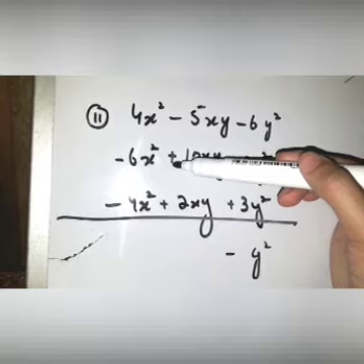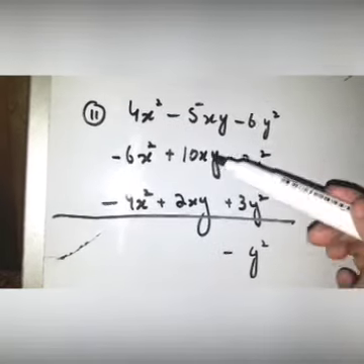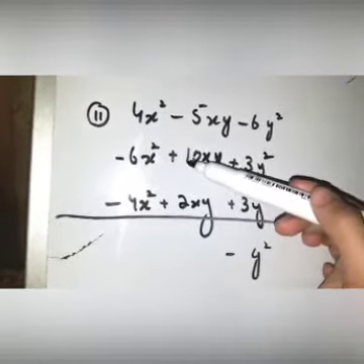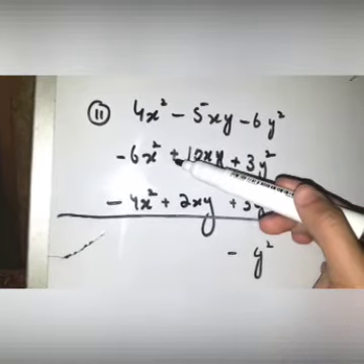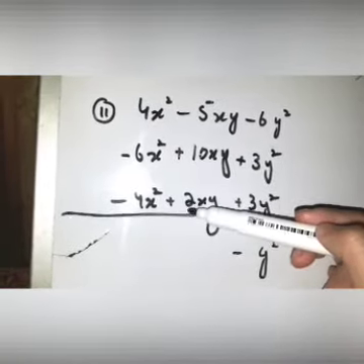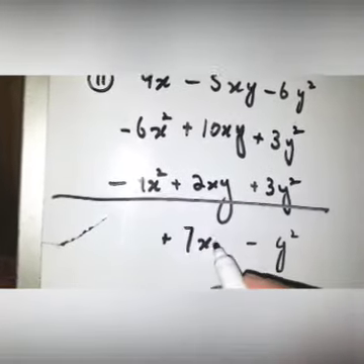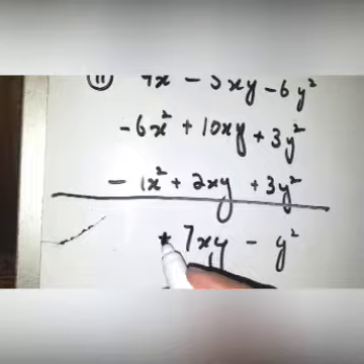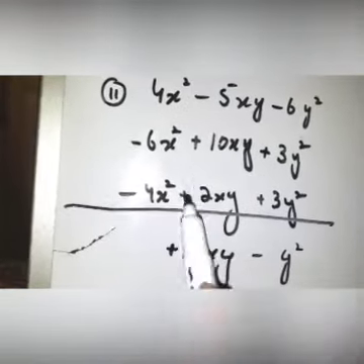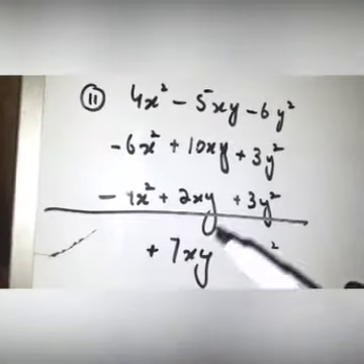The answer will be positive because 10 has the positive sign, so again plus 5 plus 2, so the answer will be 7xy. The sign of plus will come here because the greatest value has the positive sign.